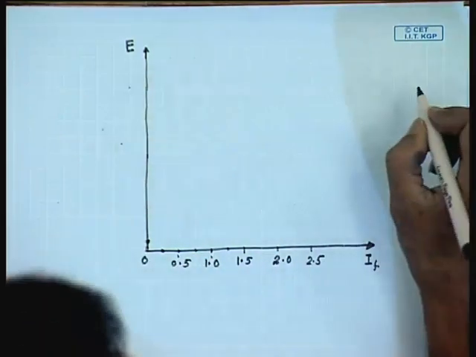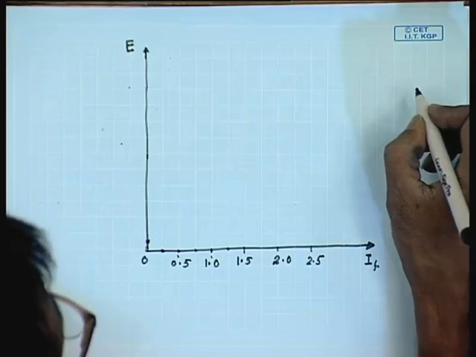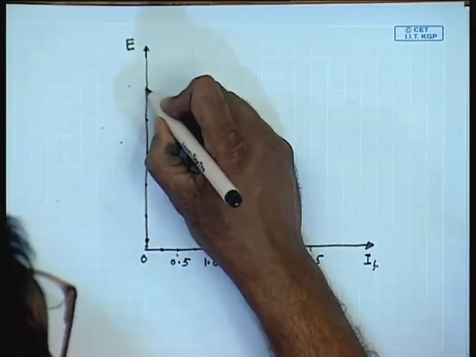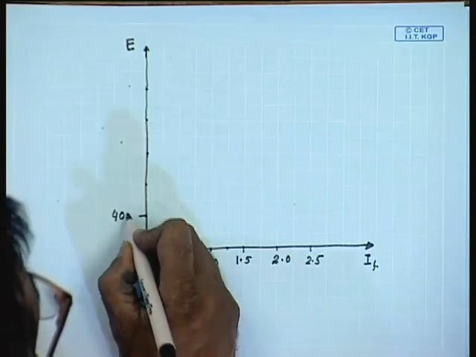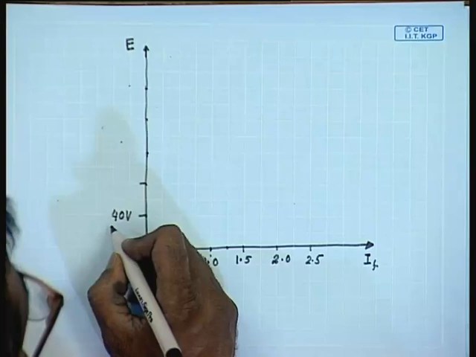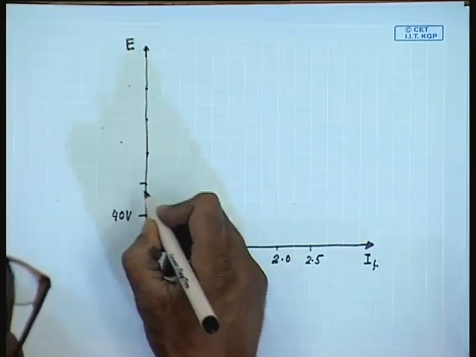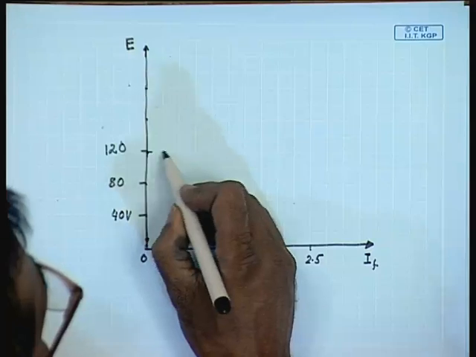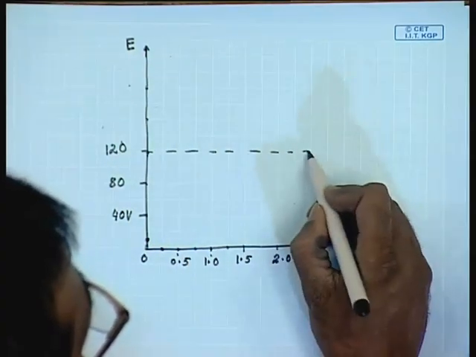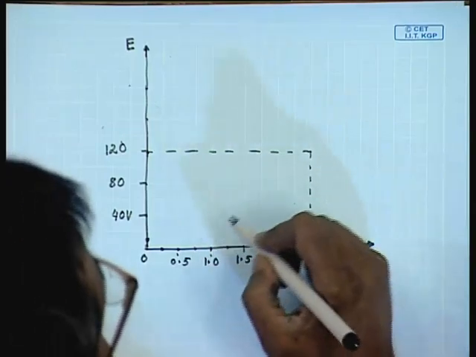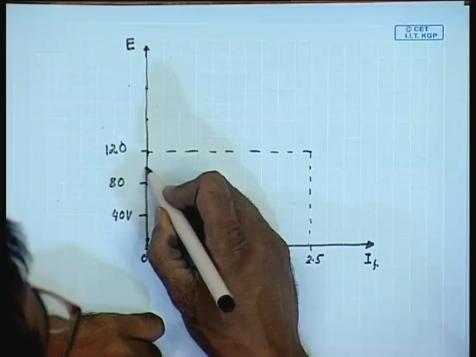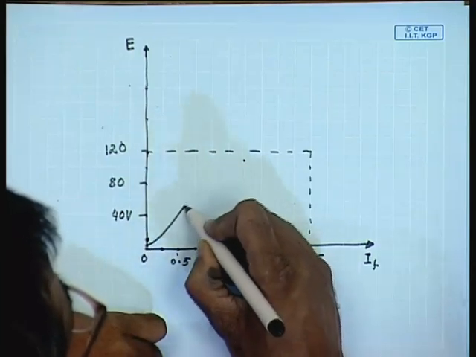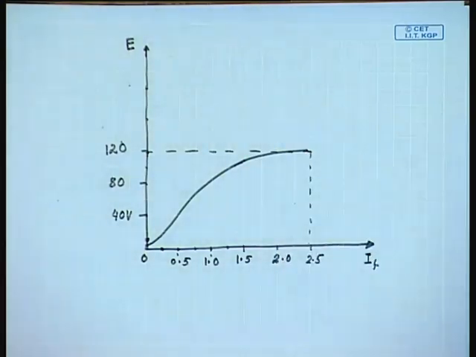This is 40 volts, this is 80 volts, this is 120 volts. This is the OCC.